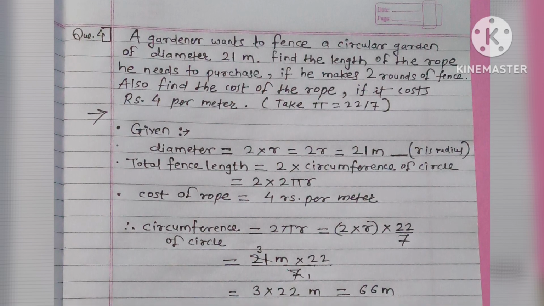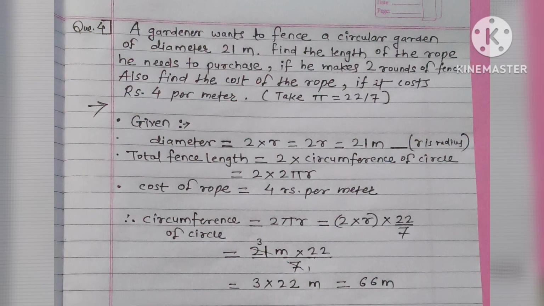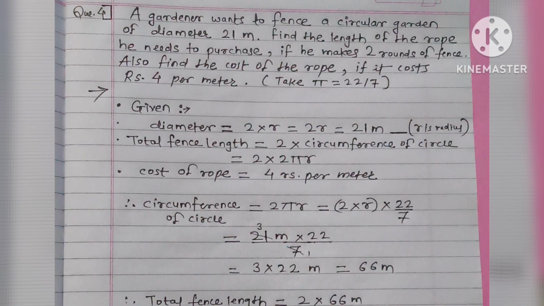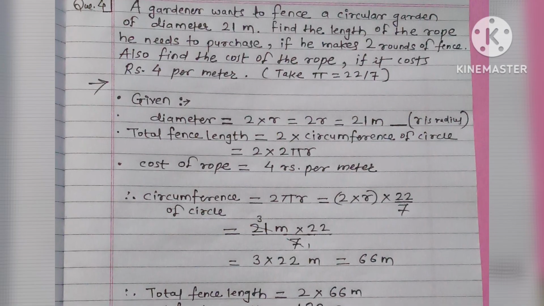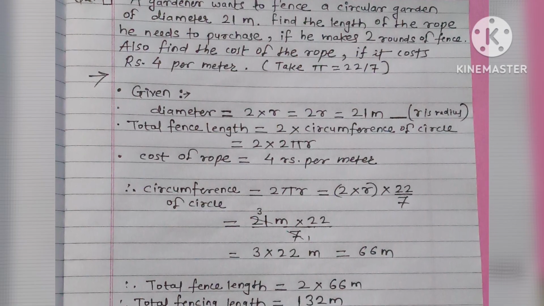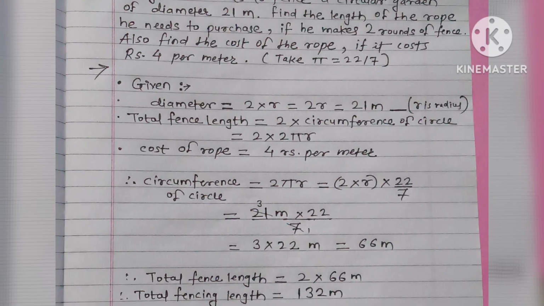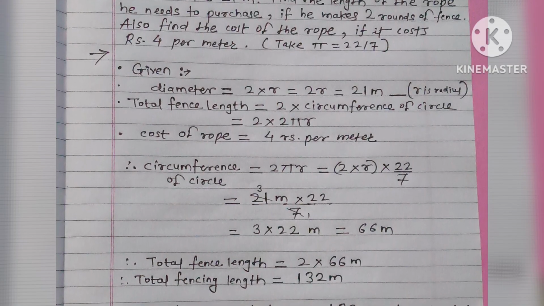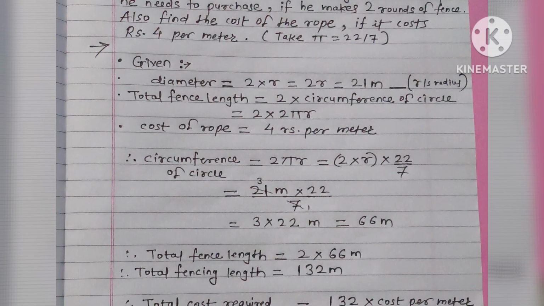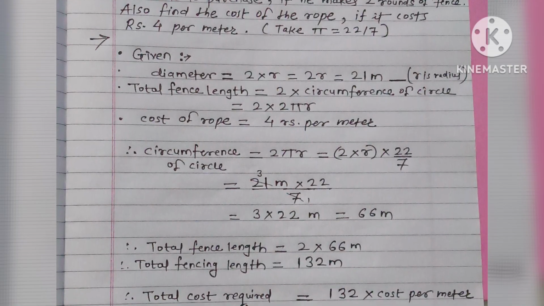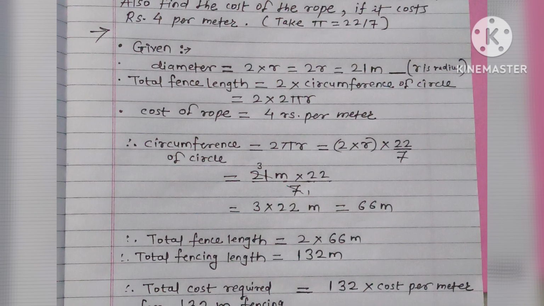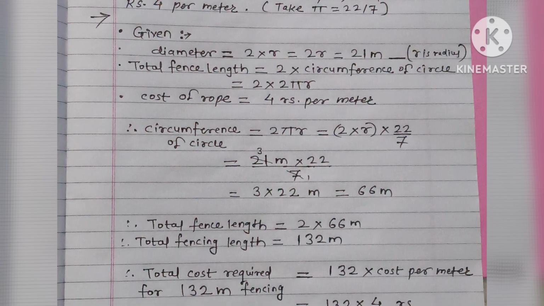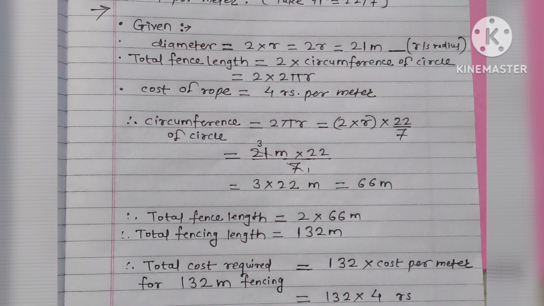So in this question we are going to find out the total length of the rope which is required to make the 2 rounds of the fence, right? One round of the fence will be equal to the circumference of the circle, so for 2 rounds of the fence we have to multiply the circumference of the circle by 2, then we'll get the total length of the rope which the gardener needs to purchase.